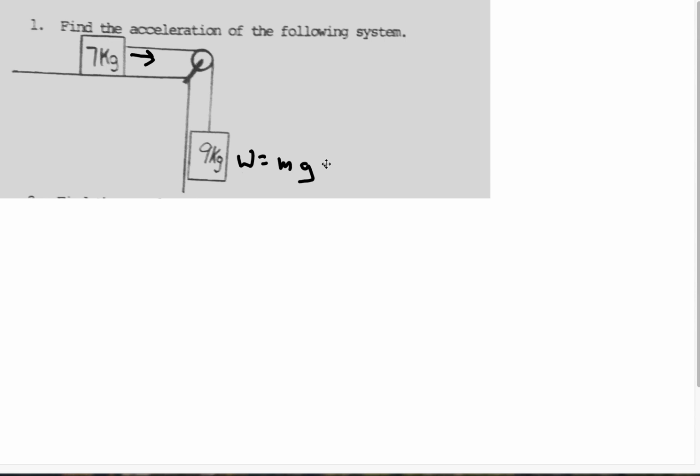The mass of that is 9 kilograms. Gravity is 9.8. And so the weight is going to be 89.7. Is that right? 88.2.